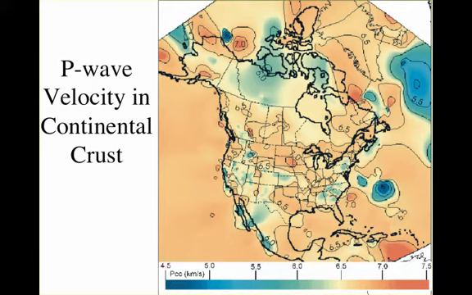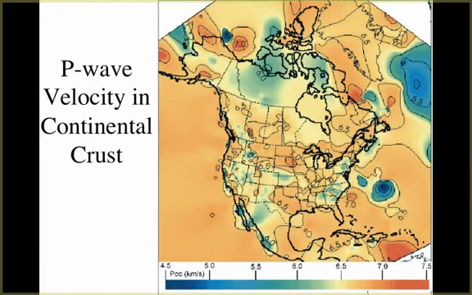What you'll see on this diagram is the faster P waves down here from 6.5 to 7.5 kilometers a second, to very slow P waves down here in purples.